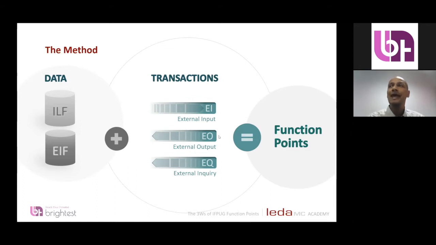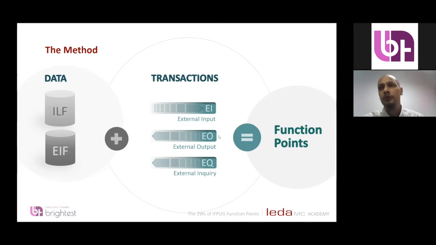The next step to measure data is to verify the complexity of these data groups, and that has to be done with two different types. The first one is the DETs, the data element types. Those are nothing more than the attributes inside the concept. Let's say if we have a user: the name, the address, the username, the password. Those will be the attributes of the concept, and those will be DETs inside that data group.